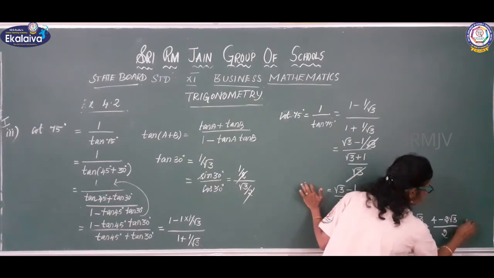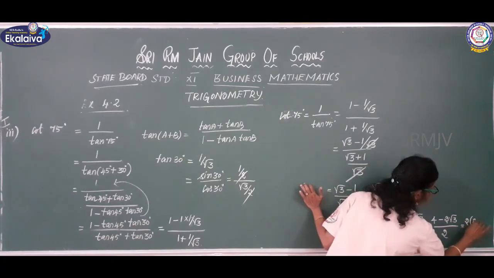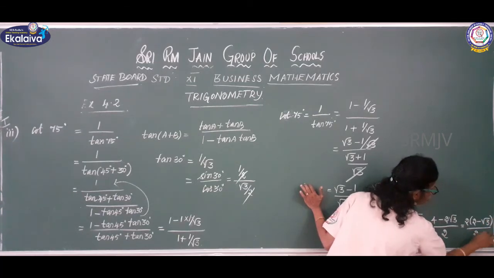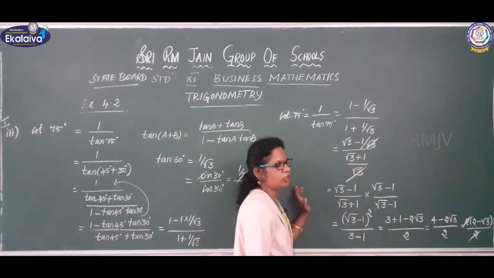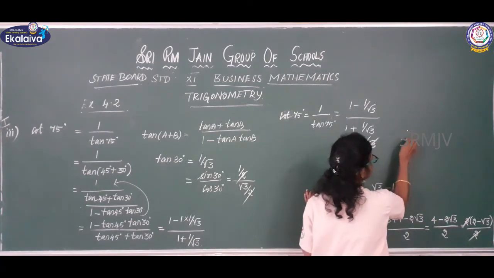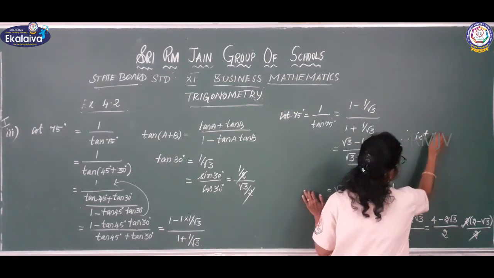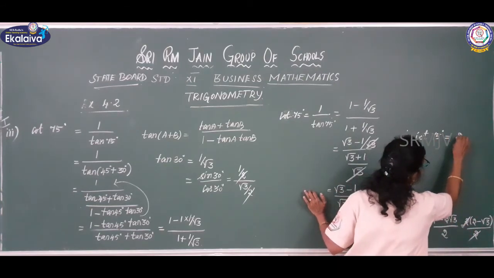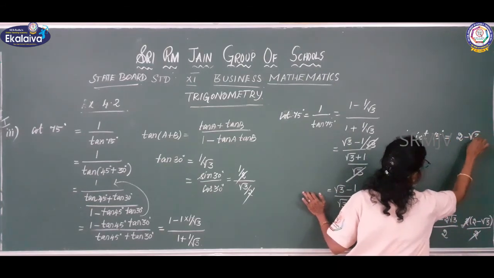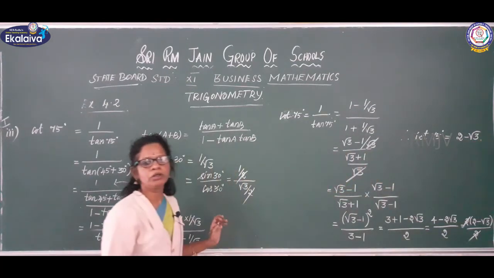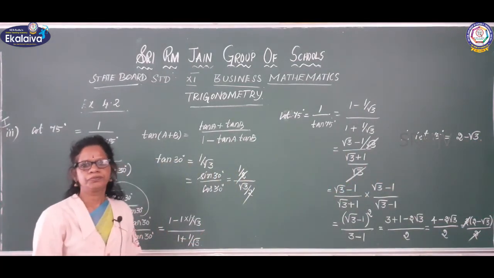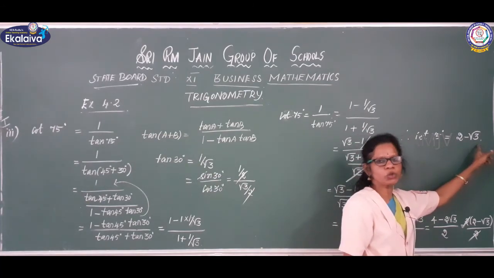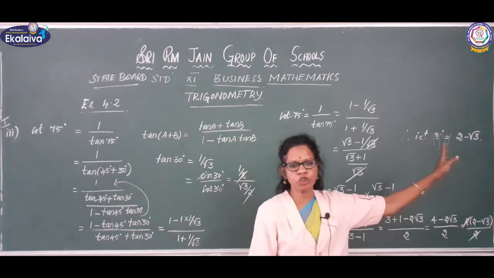What can you get at the end? 2 into 2 minus root 3 divided by 2. 2 cancel. So now final result. Therefore, cot 75 degree is equal to 2 minus root 3. Have you all understood, children? Therefore, cot 75 degree equal to 2 minus root 3. Have you all understood, right?